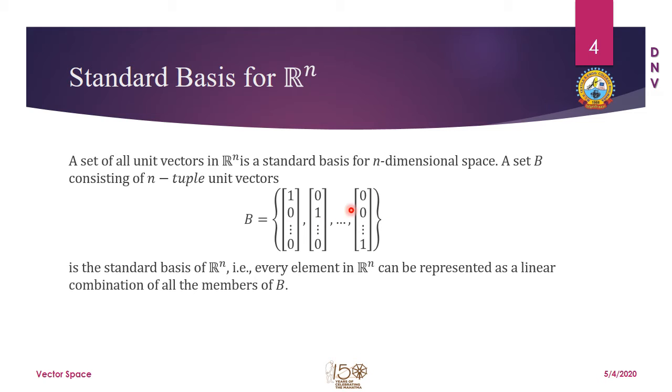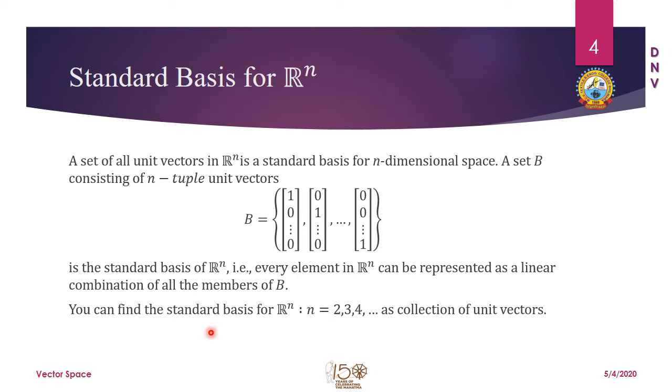A set B consisting of all these n-tuple unit vectors, these are n vectors starting from 1 0 0, and the number of zeros in this vector will be n minus 1. So all these vectors contain n components, and these are n vectors. So this constitutes the basis of this Euclidean space R^n, and this is the linear span for the Euclidean space.